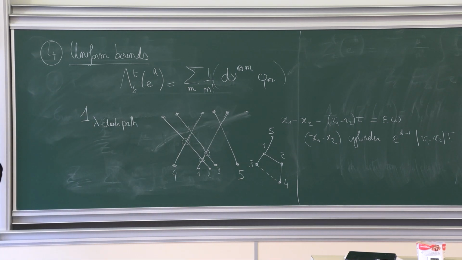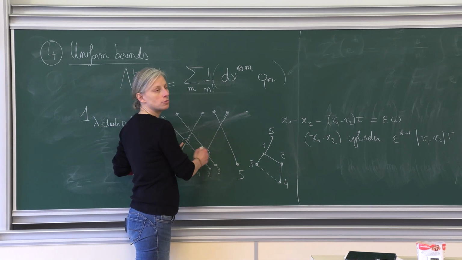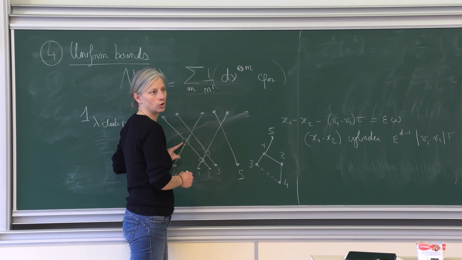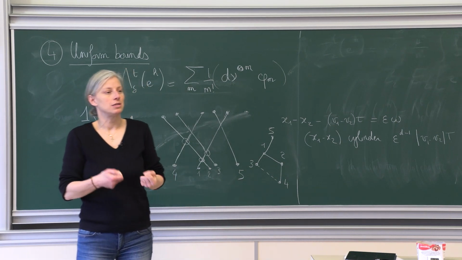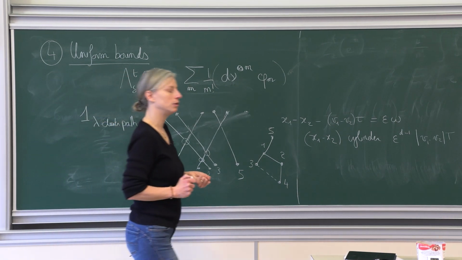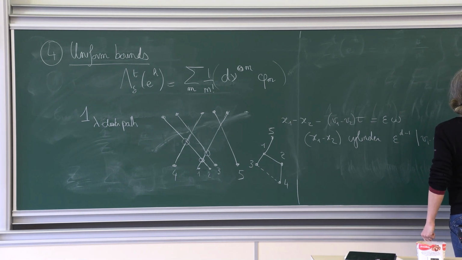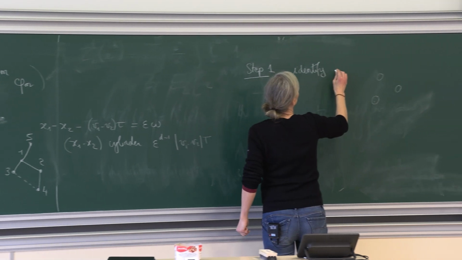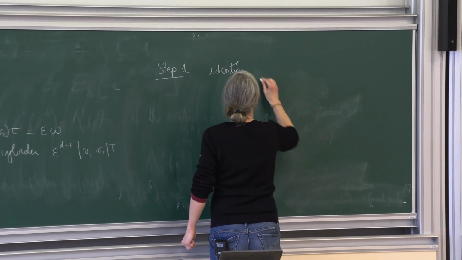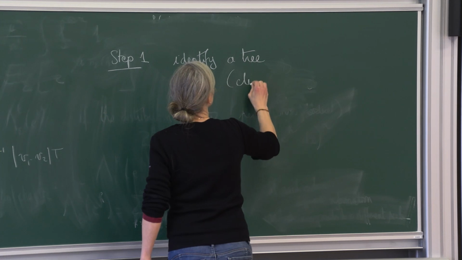Now the first step is to identify a tree, a minimal one. A tree is a minimal connected graph, such that all these collisions are somehow independent. Independent means that you have enough degrees of freedom to write independent conditions. So first step, identify, say, a tree, and this will correspond to what is called clustering collisions.